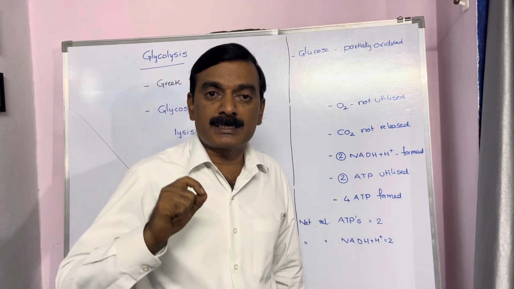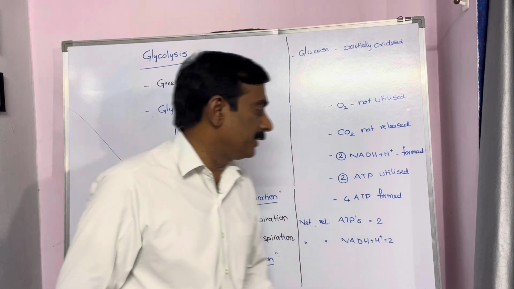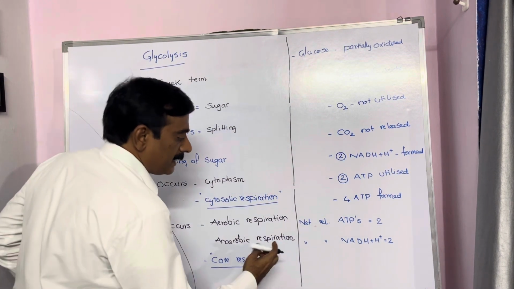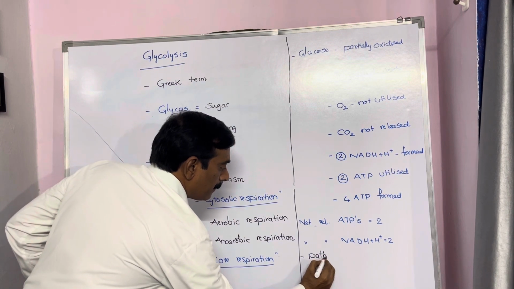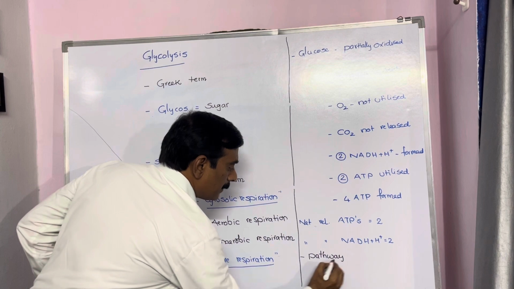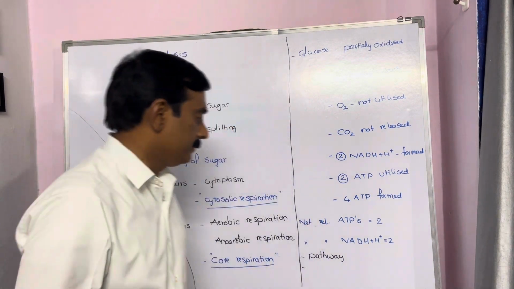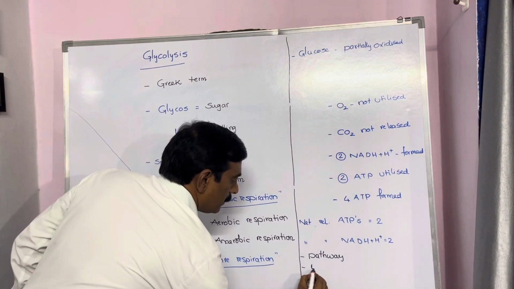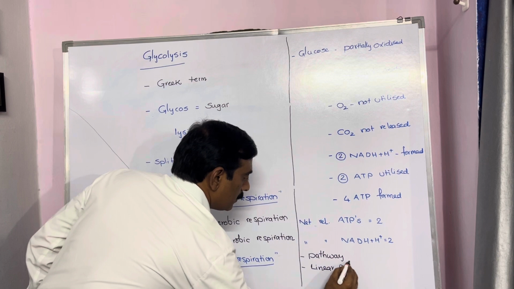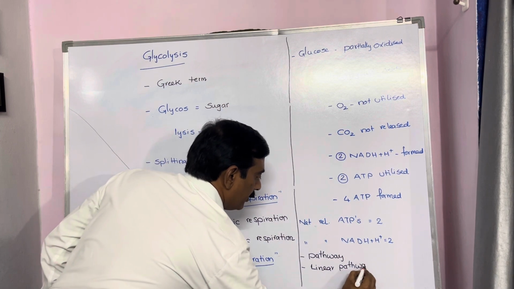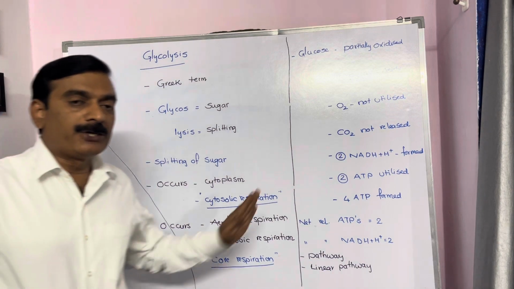So glycolysis is a pathway. It is a linear pathway.